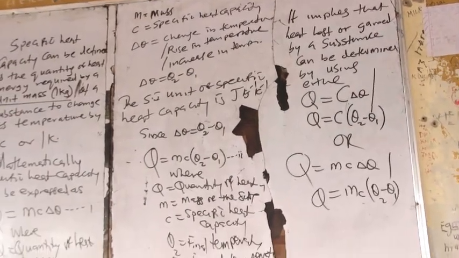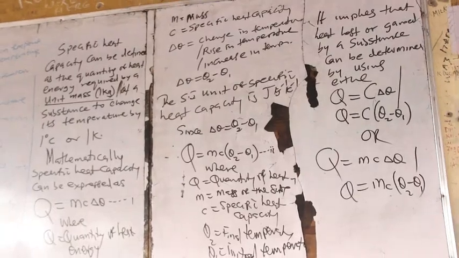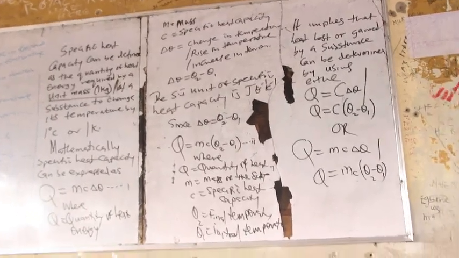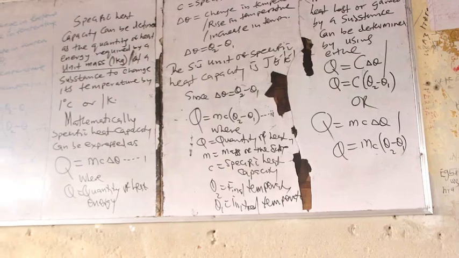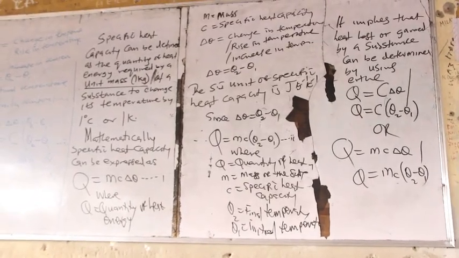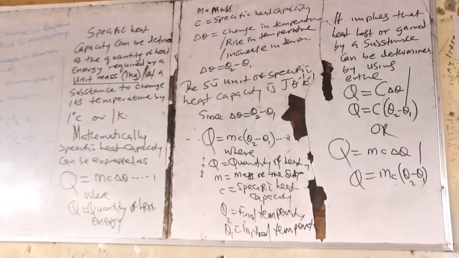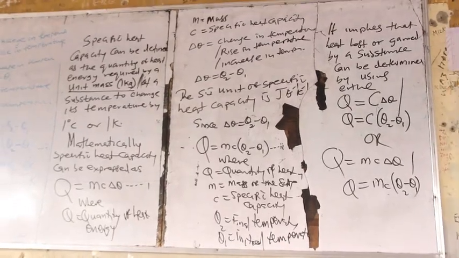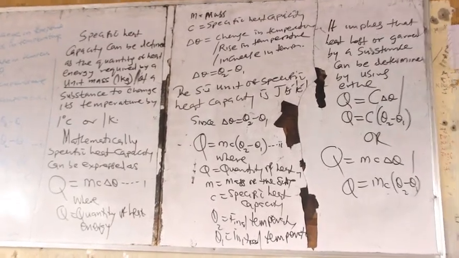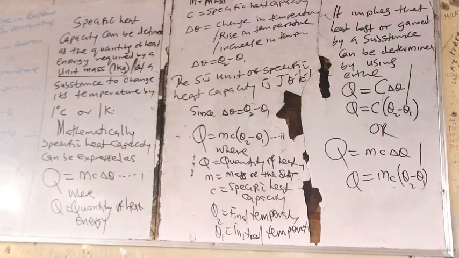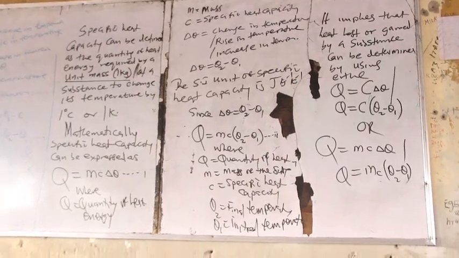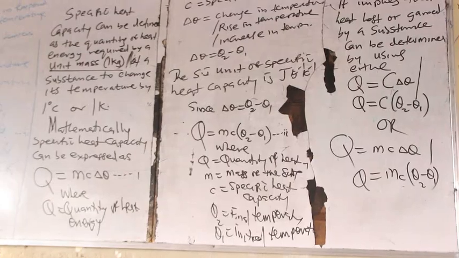That's where we can use that to determine heat loss or gain. But the second one will be used when mass is given and specific heat capacity is known. Any substance at all, including yourself, including any materials around you, you want to determine heat loss or gain by that substance, this expression will be used.